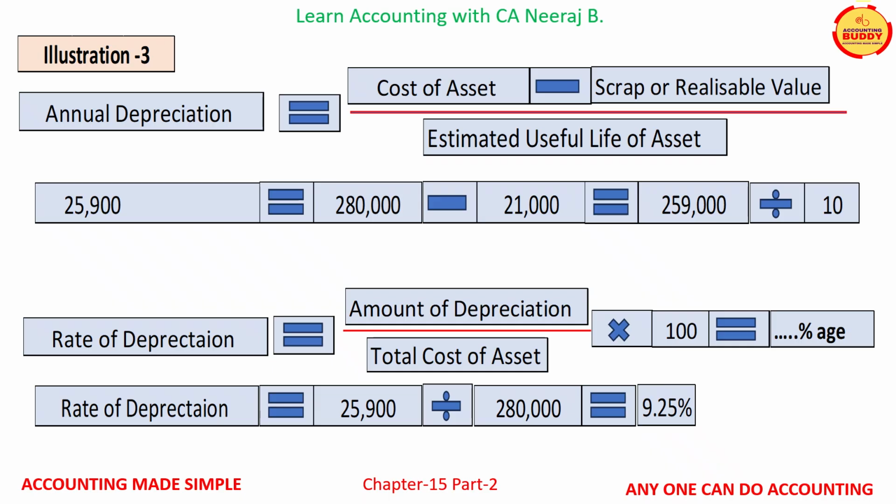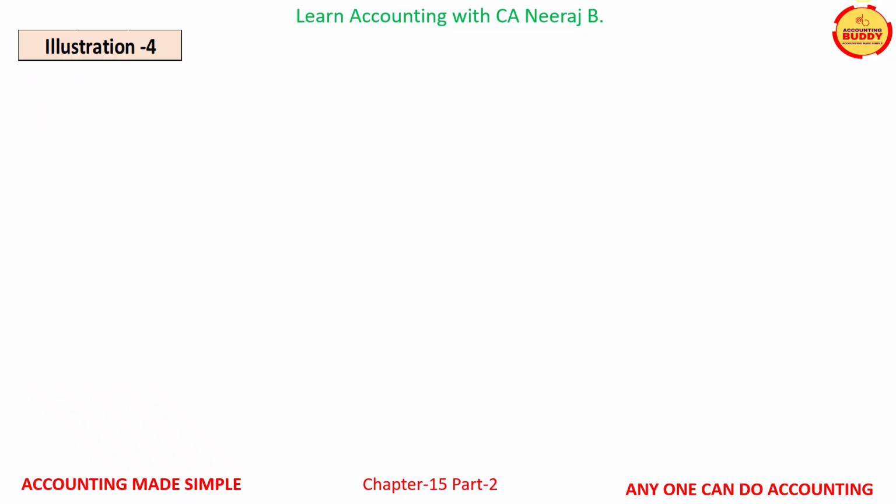That means if we apply the percentage of 9.25% on the asset value of $280,000, we will get the annual depreciation amount of $25,900.